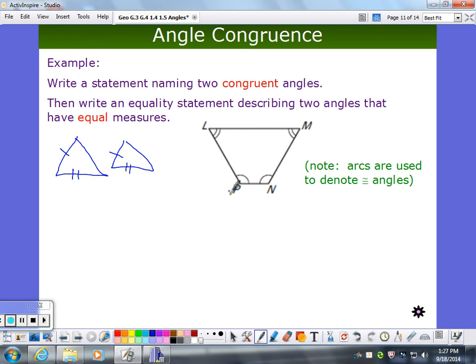When you're working with angles, you make a little arc. So one arc, these are congruent angles. Two arcs, these are congruent angles. These two, L and P, not congruent. So the number of arcs helps you match up the congruent ones. So angle L is congruent to angle M, and angle P is congruent to angle N.